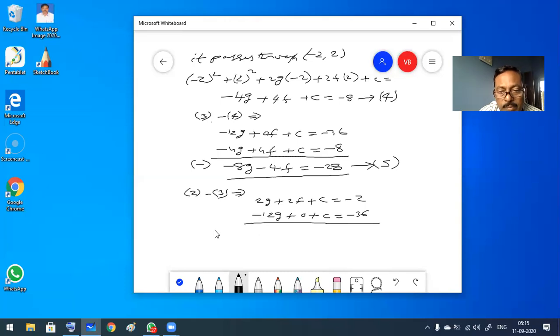By subtracting, 2g minus 12g, that is 14g, plus 2f, c minus c is 0, is equal to 34. So this is equation 6.